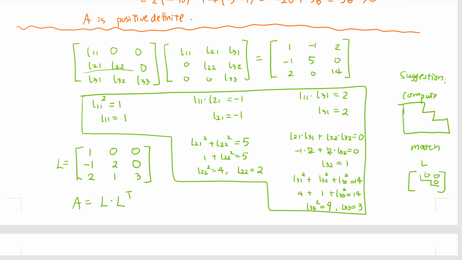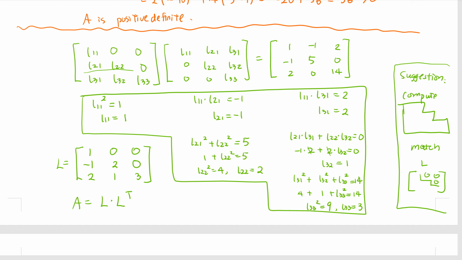All right, so that is the Cholesky method. So now we have talked about 3 methods. The Doolittle's method, where we assume the diagonals of L are 1. The Crout's method, where we assume the diagonals of U are 1. And the Cholesky method, where in order to apply that method, the matrix has to be symmetric, real, and positive definite.